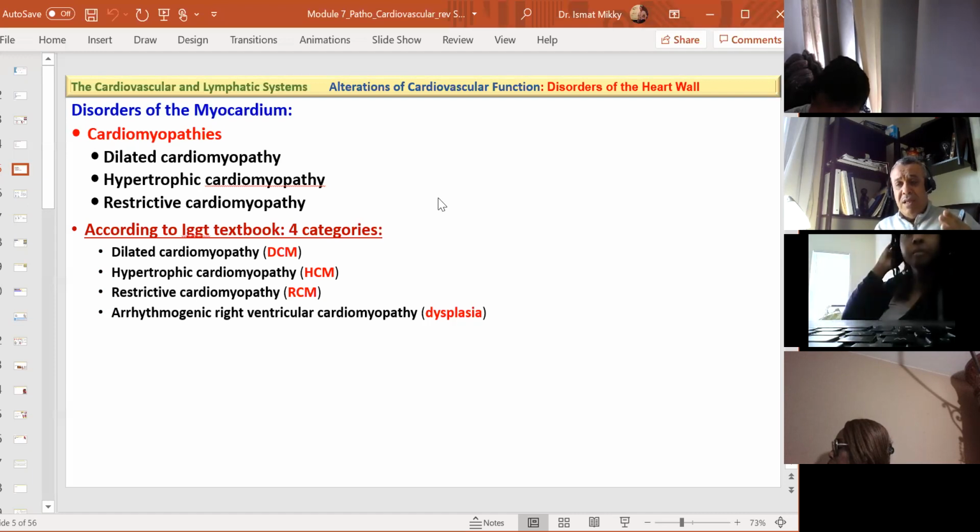Most cardiomyopathies are due to genetic factors.